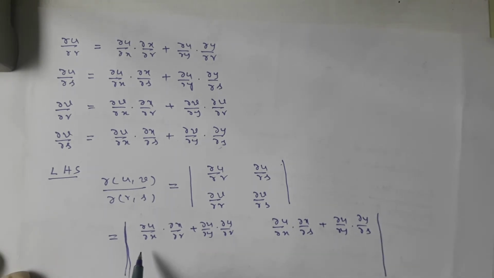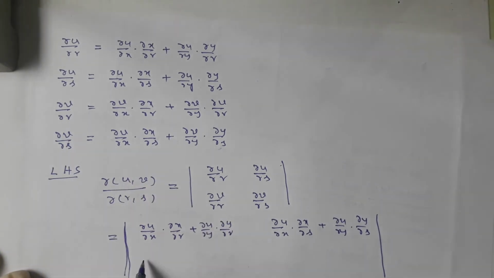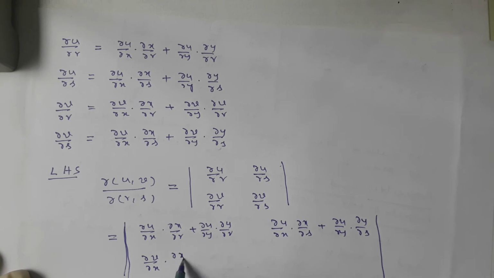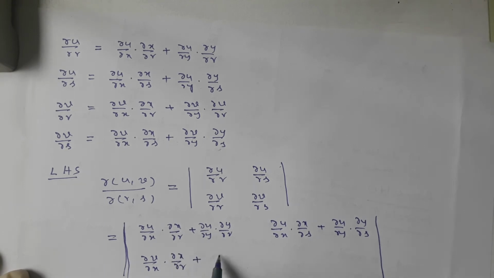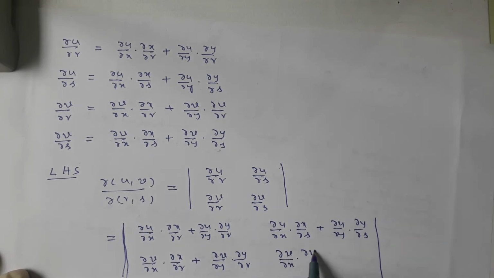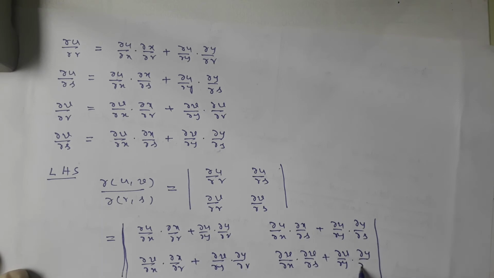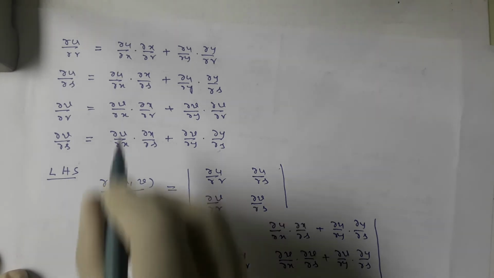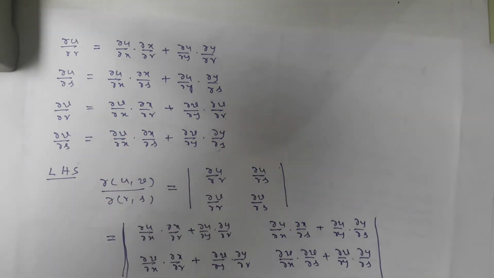Second row, all v functions: ∂v/∂x into ∂x/∂r plus ∂v/∂y into ∂y/∂r. Next, ∂v/∂x into ∂x/∂s plus ∂v/∂y into ∂y/∂s. So the four values in the determinant are substituted.